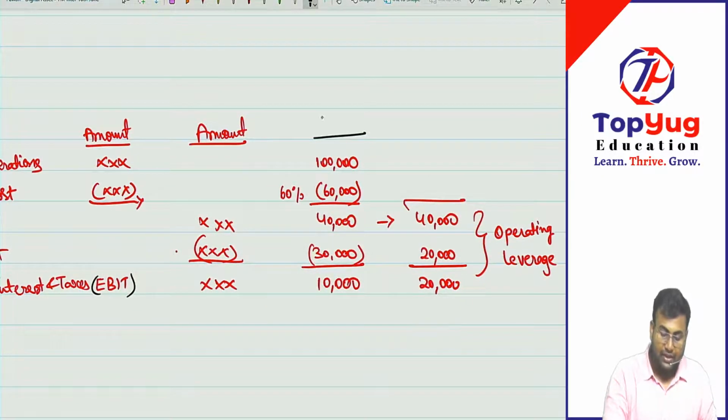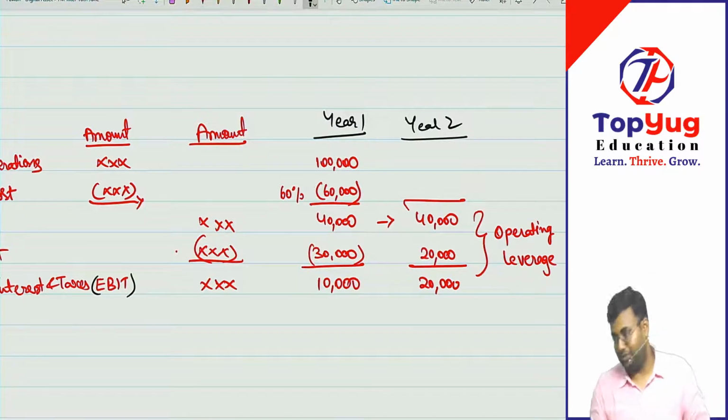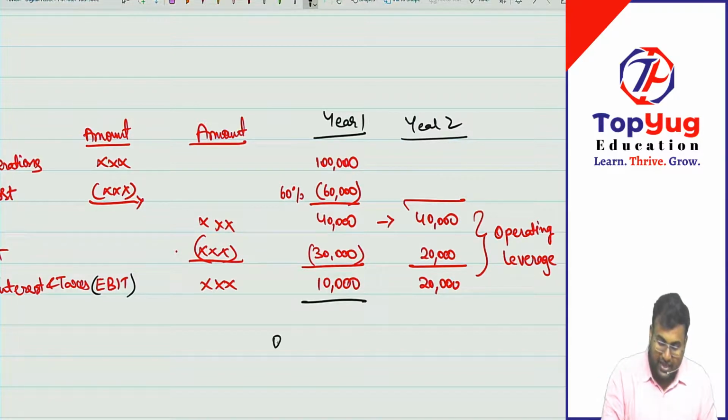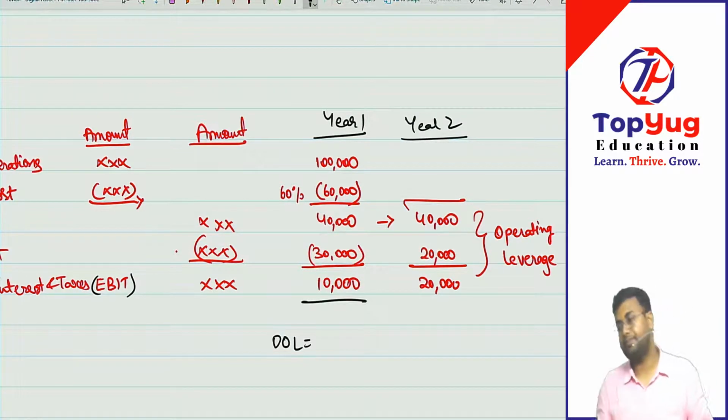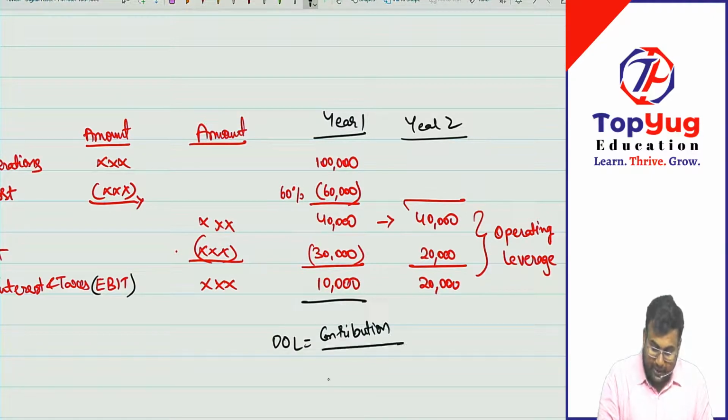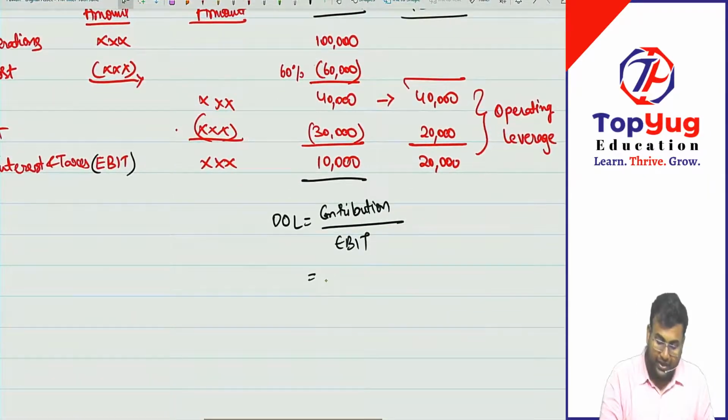With the example which we have here, suppose this is year 1, we were able to do this. Year 2, next year we were able to find a better premises, we were able to do this. Can somebody please tell me what is DOL in this one? Please calculate. I will say it's contribution by EBIT. So what is my contribution, my dear friends?